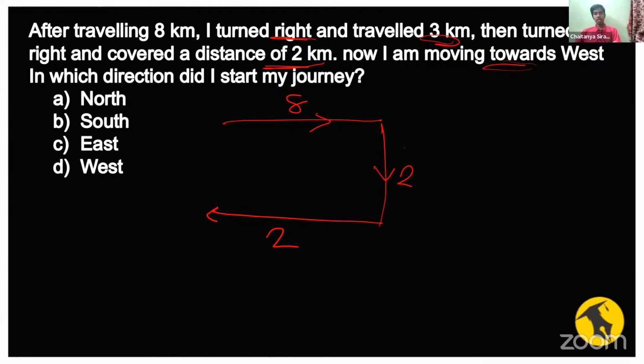So the chronological flow would be he was here, then he moved this way, and finally this way. So the correct answer in this case would be option D, west. I think I did say some other option.